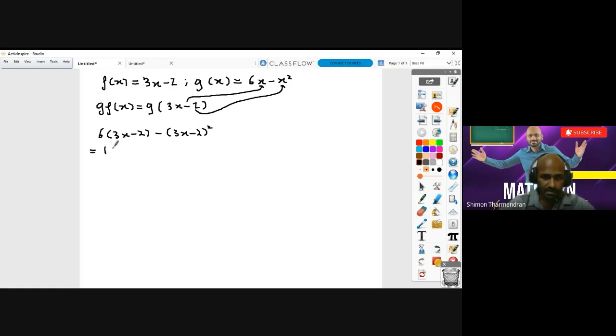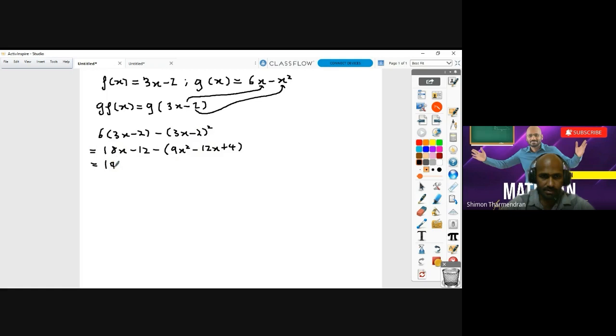Expanding the bracket gives us 18x minus 12 minus, maintain the brackets first, so we have 9x squared minus 12x plus 4.